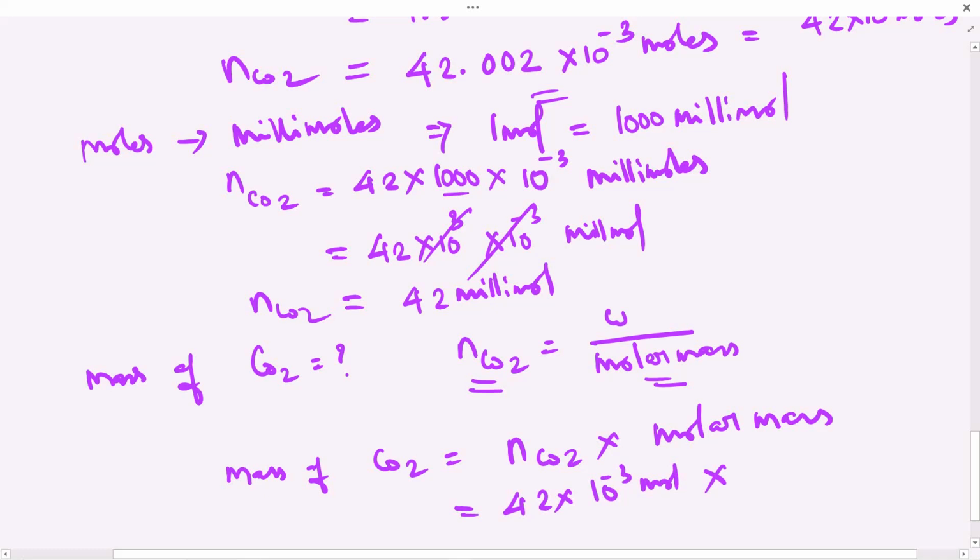Molar mass of CO2: here carbon is 12 plus oxygen is 16 into 2. Right? 32 plus 12. It is equal to 44 gram per mole. Got it?